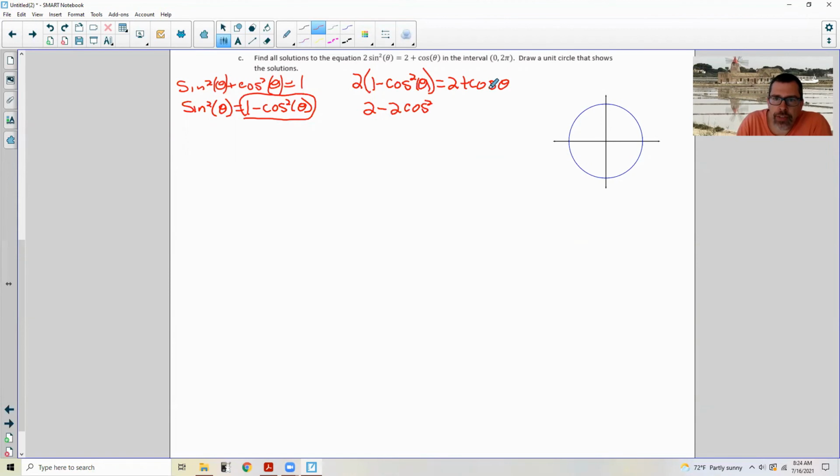Theta equals 2 plus cosine theta. Let's think about this a second. 2 minus 2 cosine squared theta equals 2 plus cosine theta.